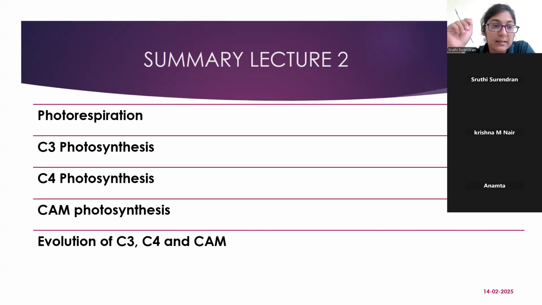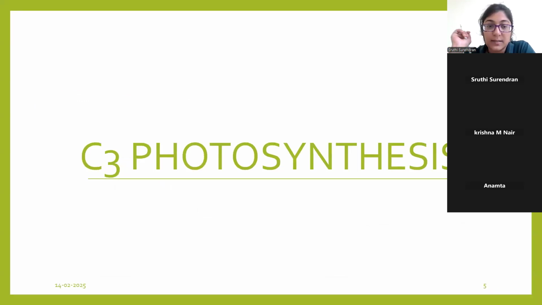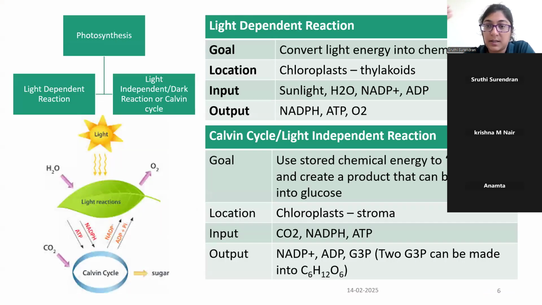In your earlier classes, we talked about photorespiration, C3 photosynthesis, C4 and CAM photosynthesis. So let's get into C3 photosynthesis. Just to revise, the C3 photosynthetic pathway has two parts: the light reaction and the Calvin-Benson cycle, or the light independent or dark reaction.